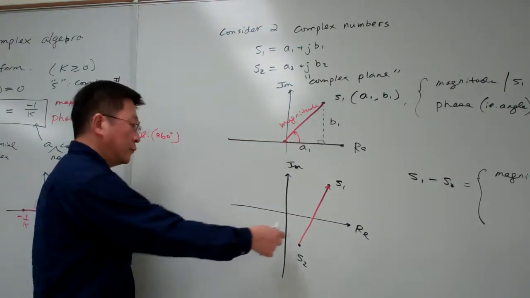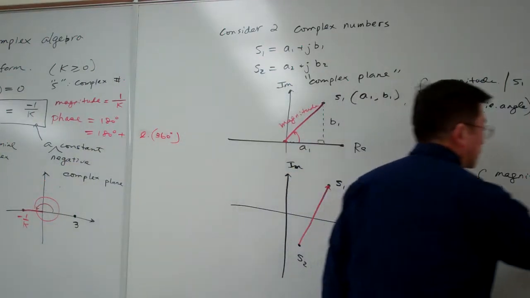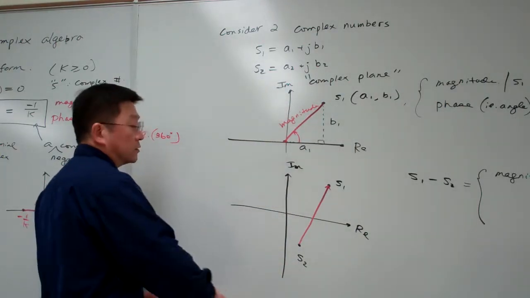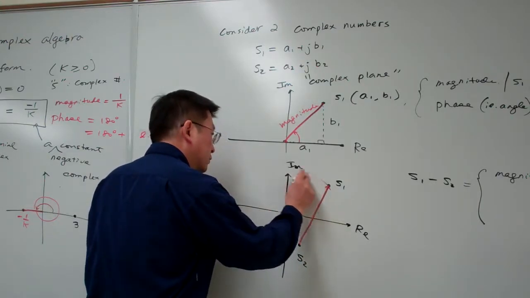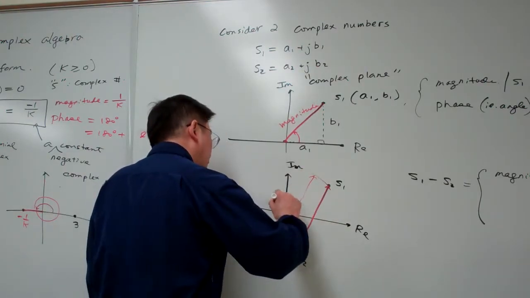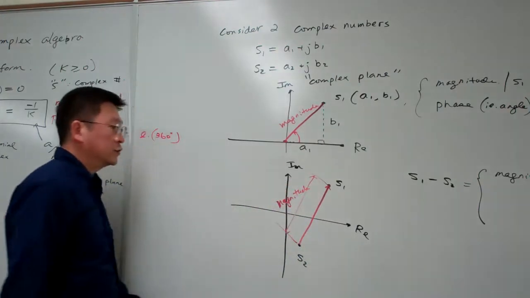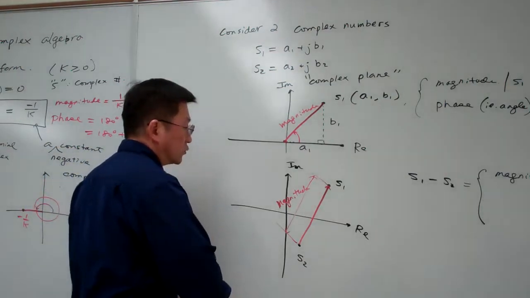Okay, it doesn't matter which way the arrow points, the magnitude is the same. So for this one, again, the magnitude is the distance of the line we labeled here. If you can calculate it, then that is the magnitude. That is the distance between the two points. So what is the distance between the two points?